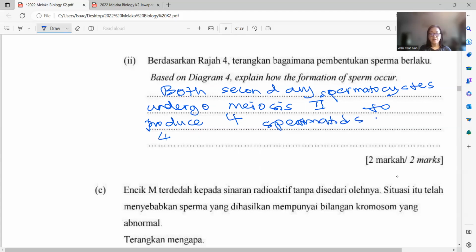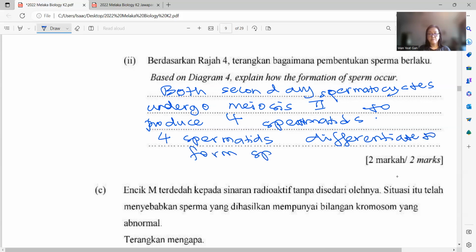Okay, then the four spermatids will differentiate to form sperm.